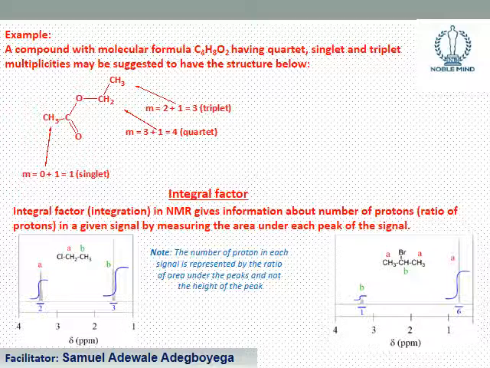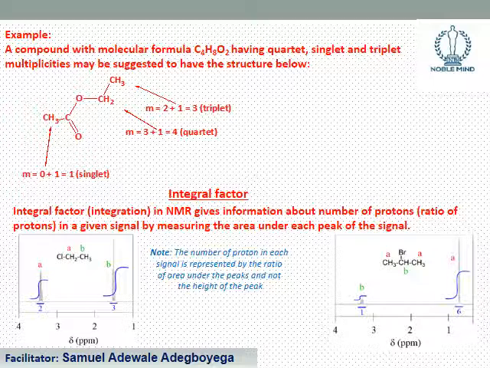That CH3 will be the one to split the signal of the 2 protons on the CH2. And what will you split it to? Multiplicity equal to 3 plus 1, which is 4.